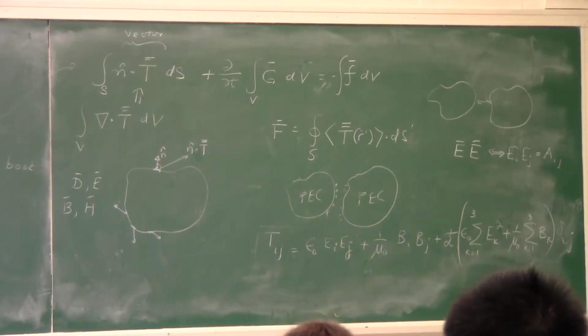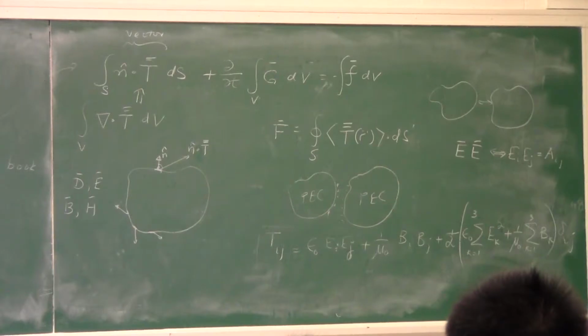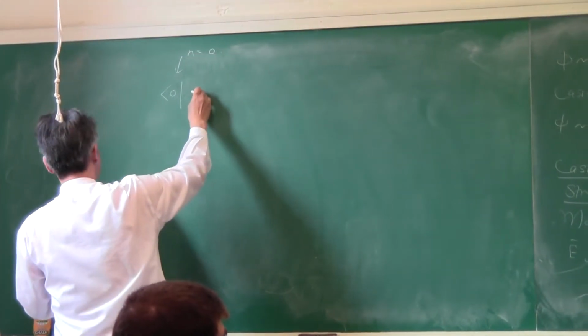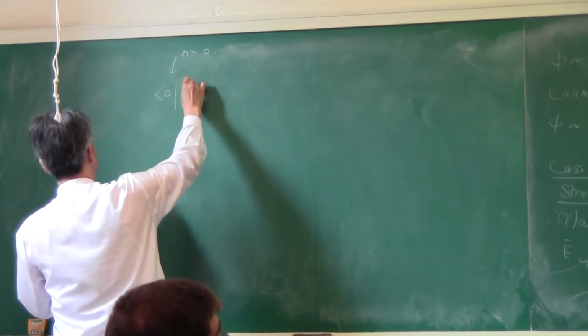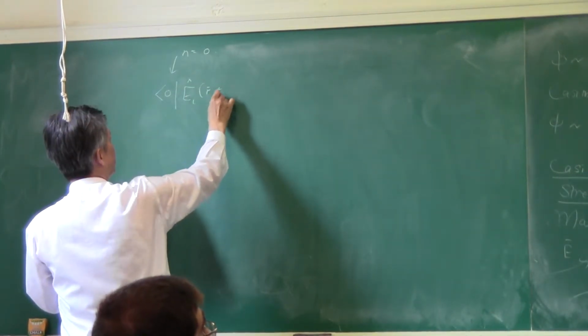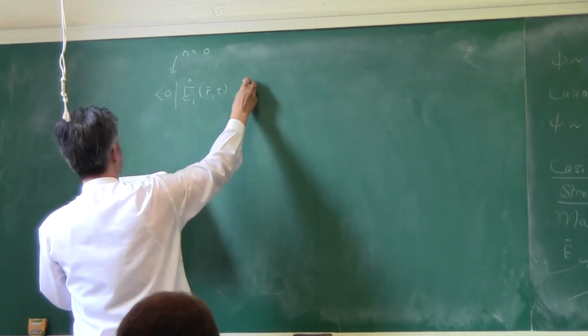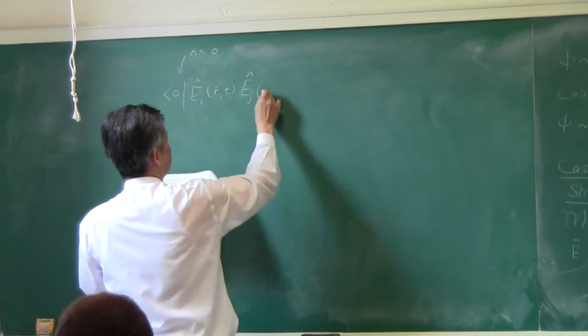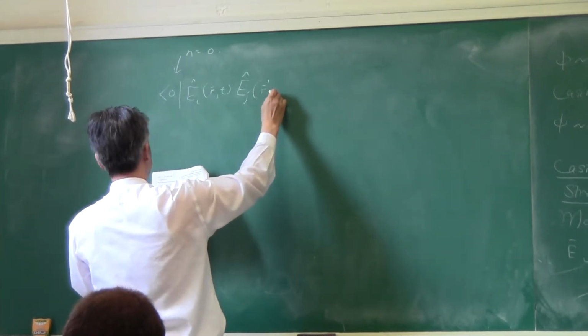But the wonderful thing is that if you have a ground state, which is the n equal to 0 state, this expectation value of the stress tensor is not equal to 0. We know how to write this in terms of operators. The field can be written in terms of operators.